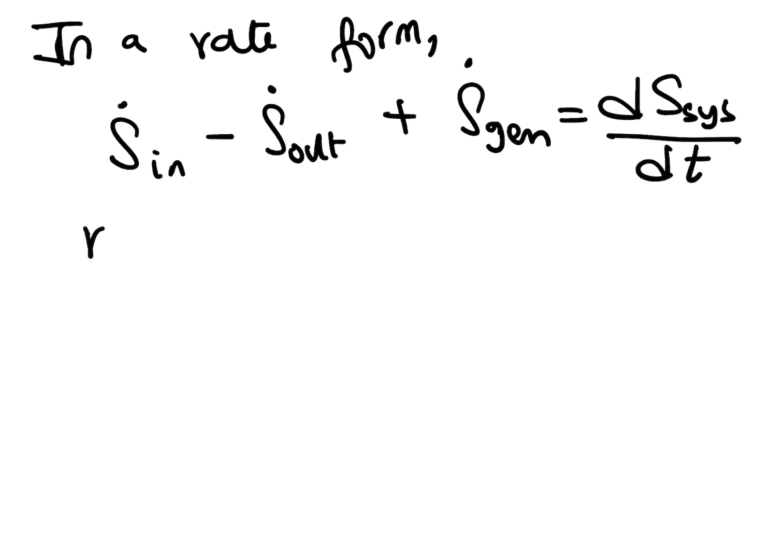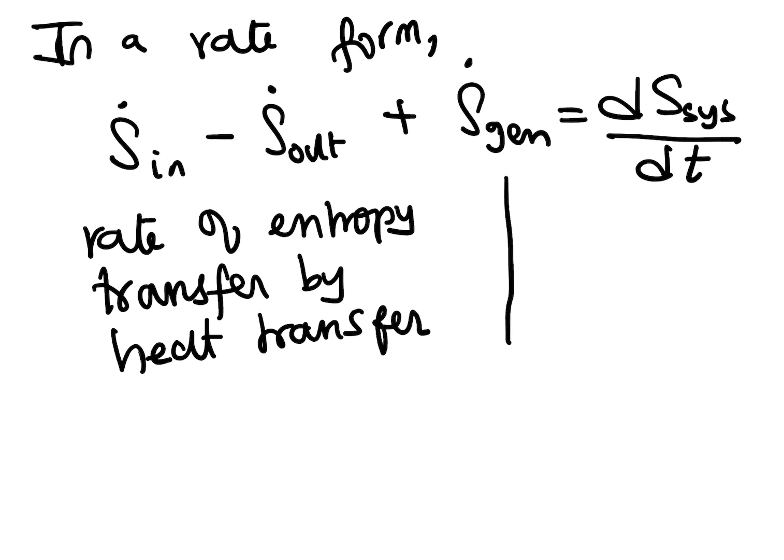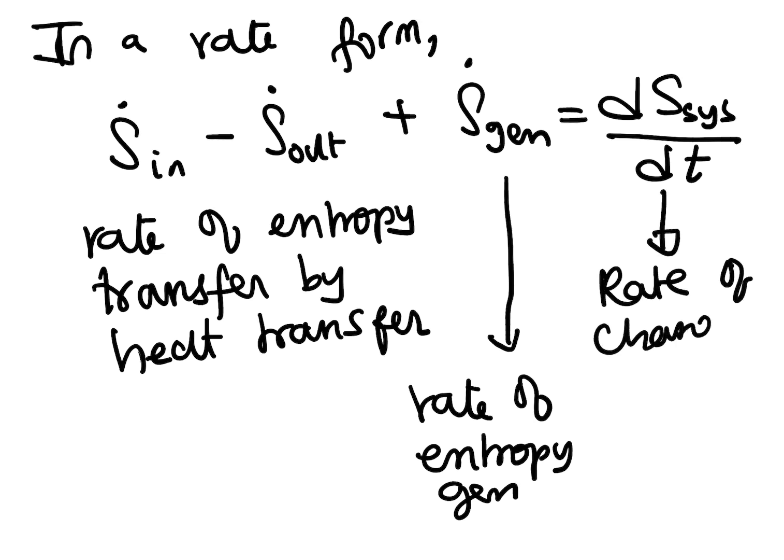This is the rate of entropy transfer by heat transfer. This is the rate of entropy generation, and this is the rate at which entropy changes for the entire system, the rate of change of entropy.